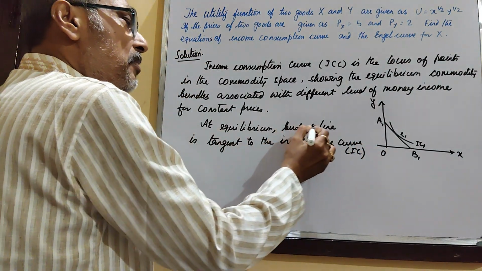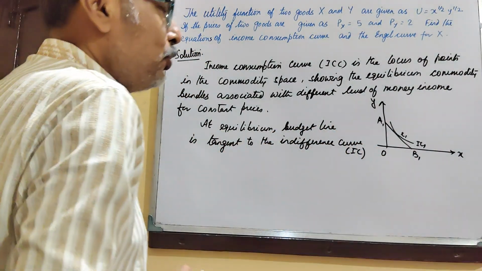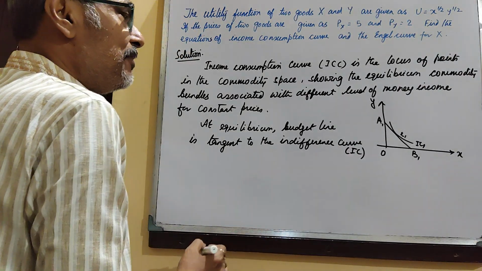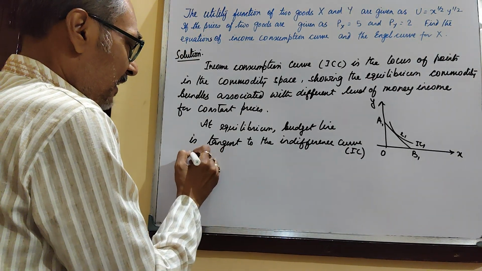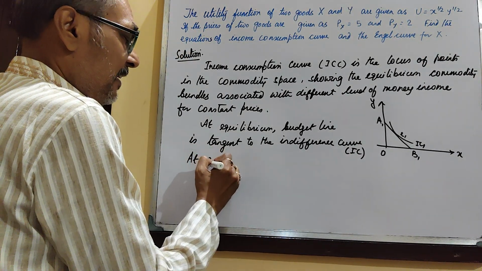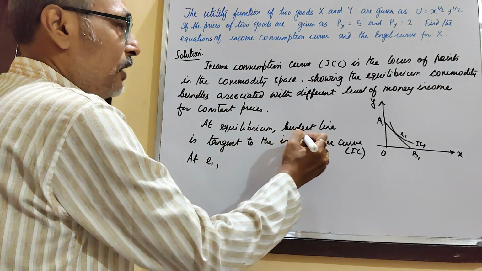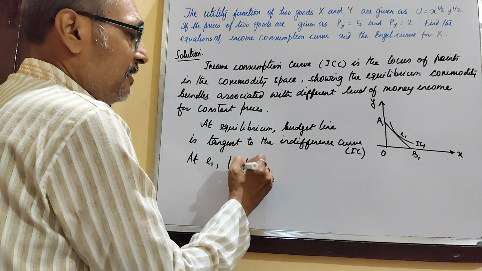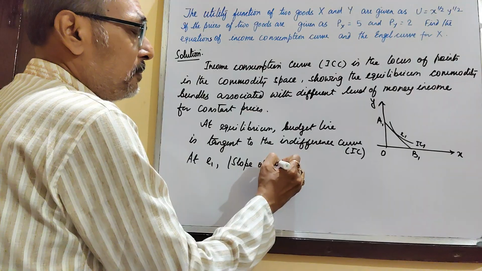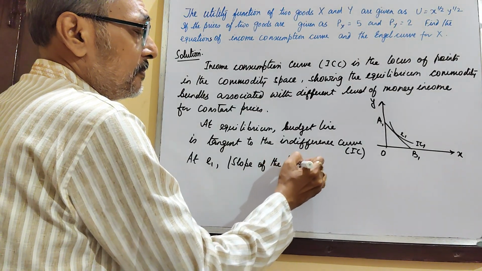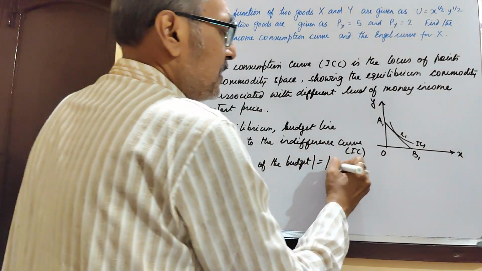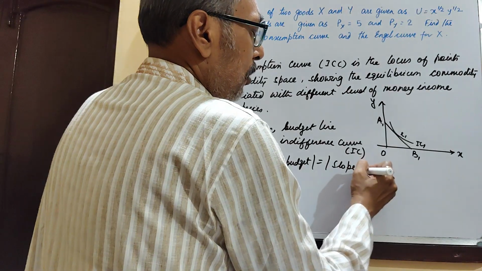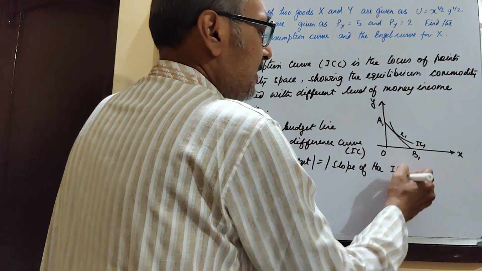Now, budget line is tangent to indifference curve at equilibrium means that at E1, what is the slope of the budget line? Absolute slope of the budget line equals absolute slope of the indifference curve IC.